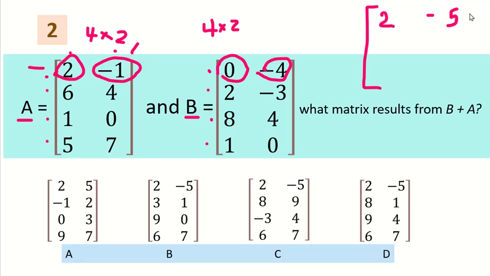Now, to save time, I'm going to start checking and eliminating answers. Go very slow, very careful. And on that first row, I should have 2, -5. So I know I did the work right. That's out. I've got 2, -5 here, 2, -5 here, 2, -5 here.